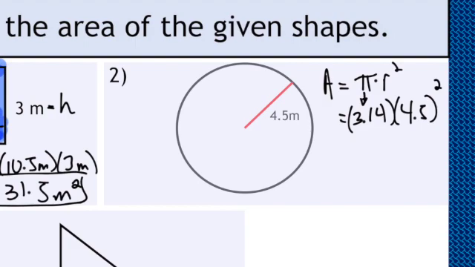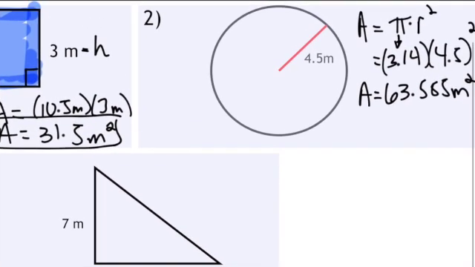I'm going to plug this whole thing into my calculator. So 3.14 times 4.5 squared, and the area of this circle ends up being 63.585 meters squared.